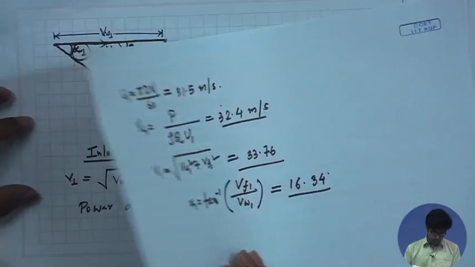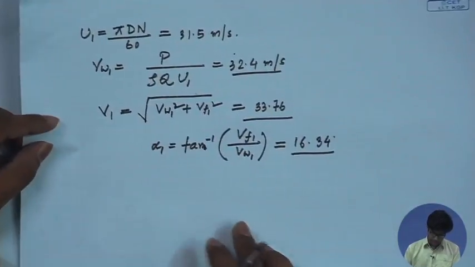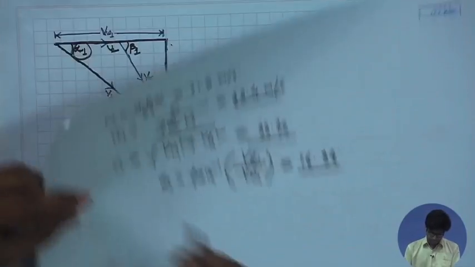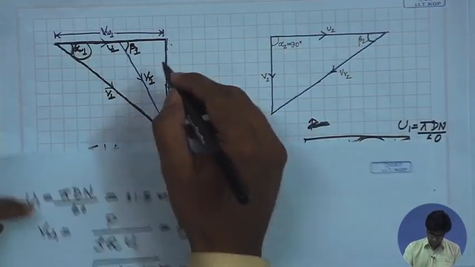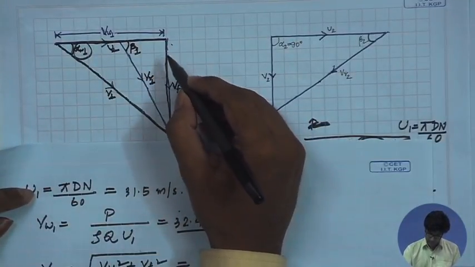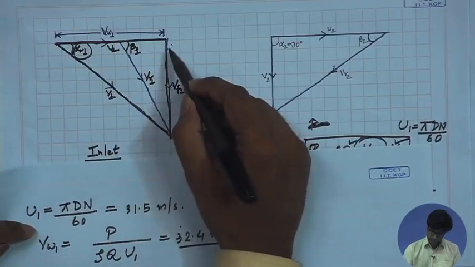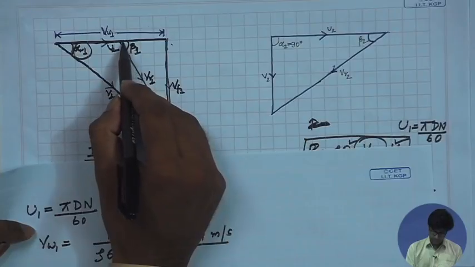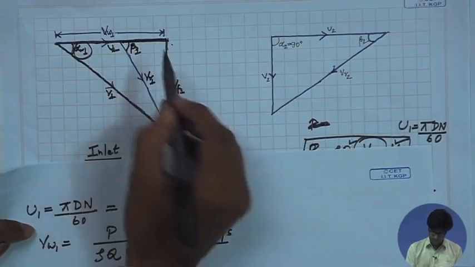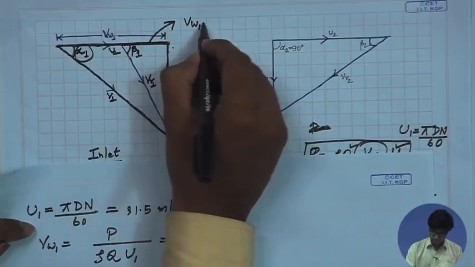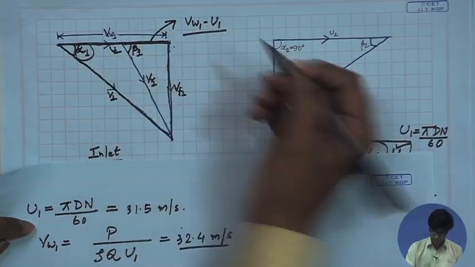Next, we are required to find out the runner blade angle at the inlet to the entry, that is beta 1. So, beta 1 is given as the tan inverse of VF1 divided by this part, this length, which is actually VW1 minus U1.